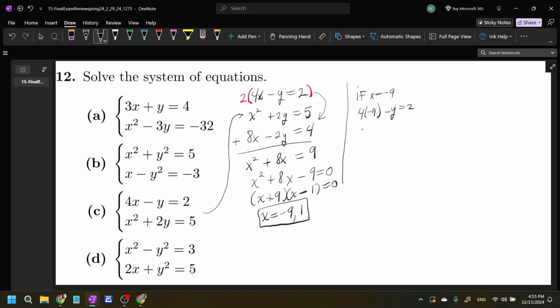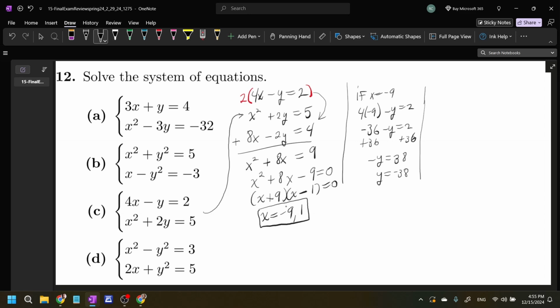So 4 times negative 9, that's negative 36 minus y equals 2. Add 36 on both sides, and we get negative y equals 38. So y equals negative 38.